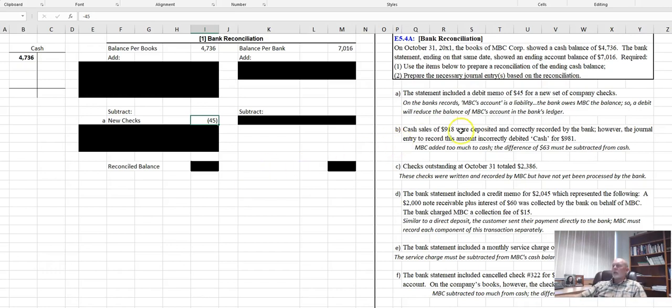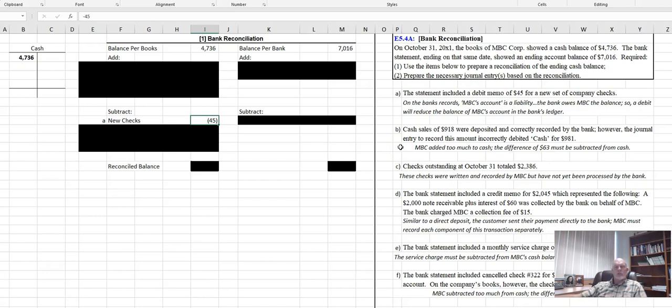Okay, item B, cash sales of $918 were deposited and correctly recorded by the bank. However, the journal entry to record this amount incorrectly debited cash for $981. So we being MBC, we had cash sales of $918, but we incorrectly got those digits turned around.